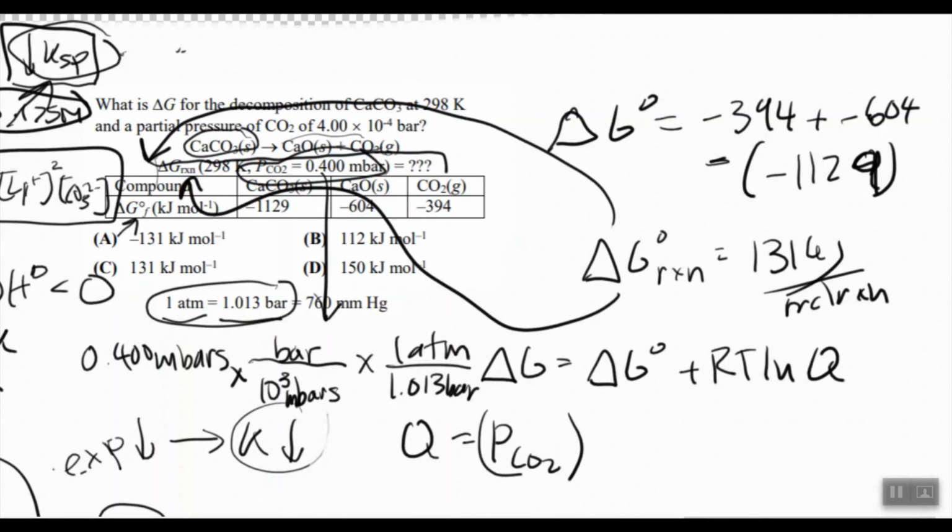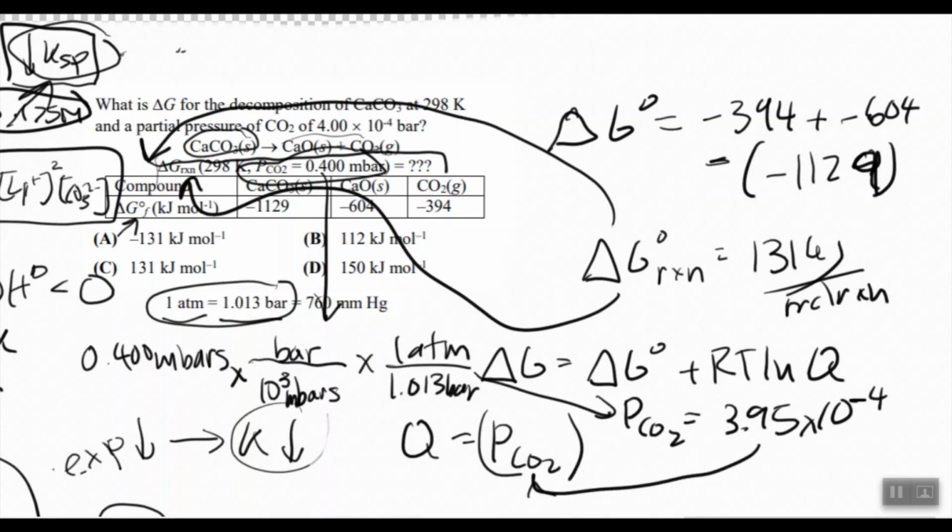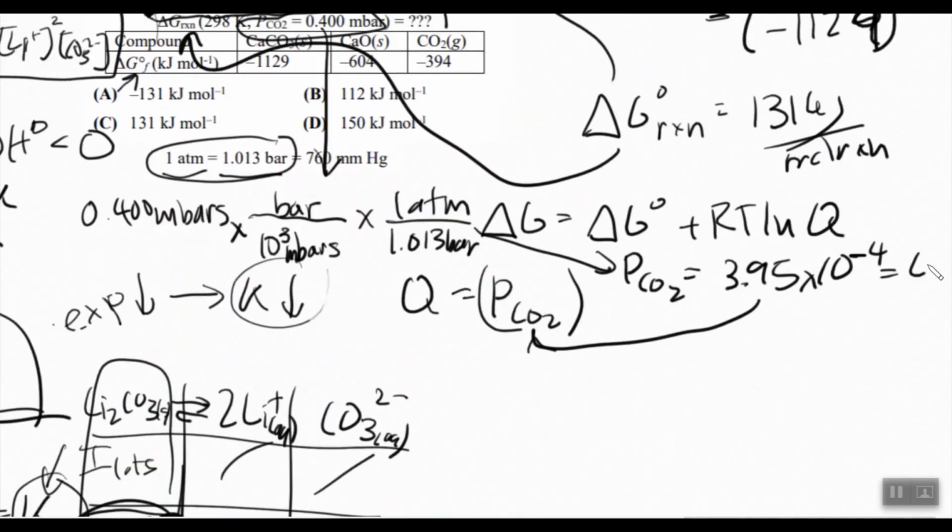Putting this into your calculator, 0.4 divided by 10 to the 3, divided by 1.013, we get that the pressure of CO2 is 3.95 times 10 to the negative 4. We just plug it in here, and Q is equal to that number.